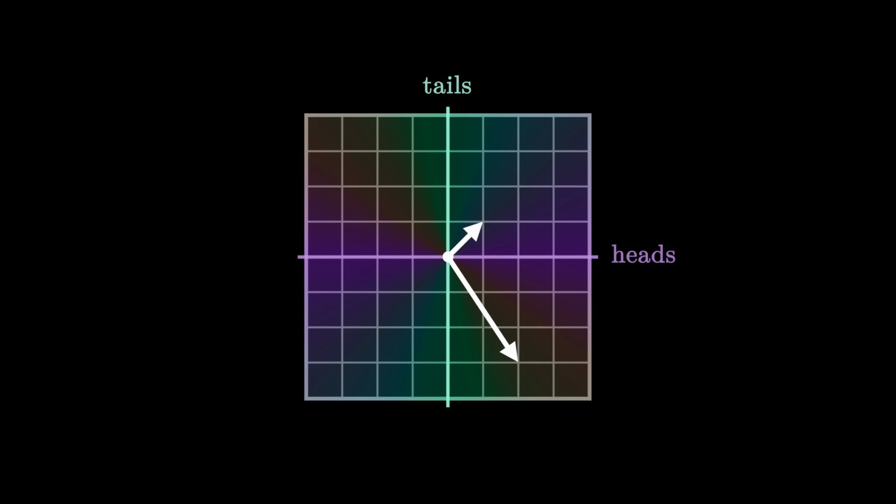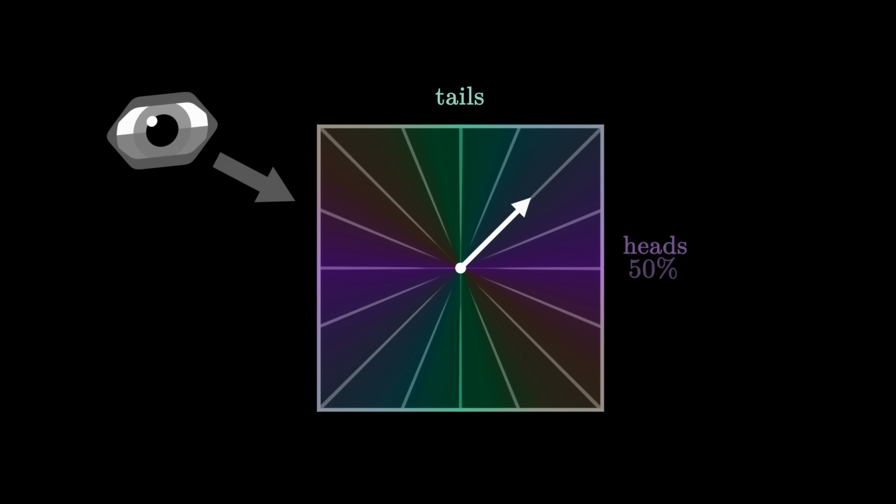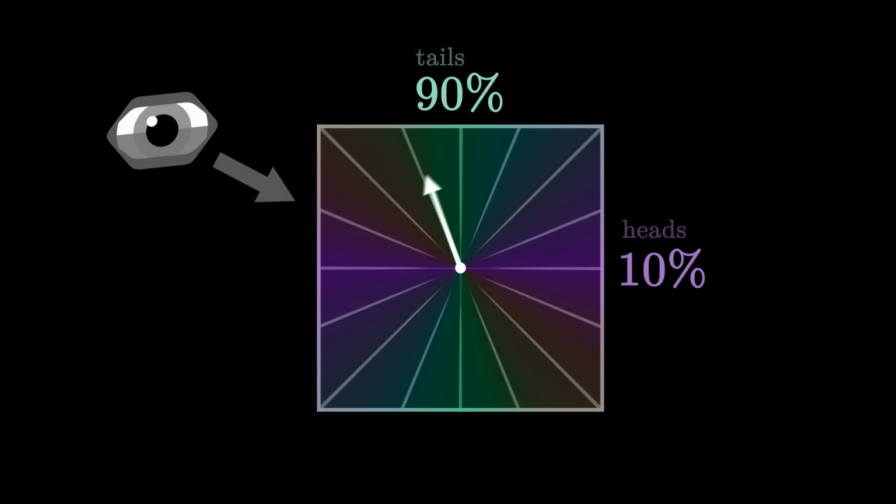Heads and tails act as coordinates in this abstract space, and all superpositions are potential states that the coin could adopt before it is observed. When we observe it, the probability of getting either heads or tails depends only on the direction of the coin's state. The more it is aligned with the tails axis, the more probably we'll get tails, and vice versa.